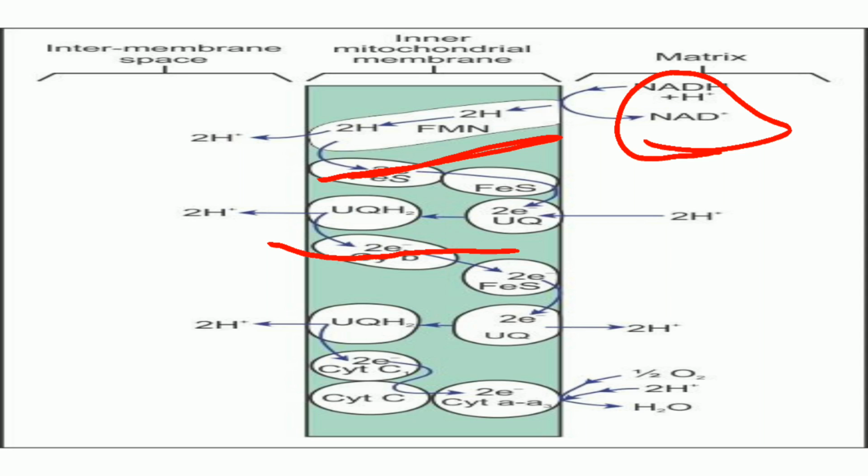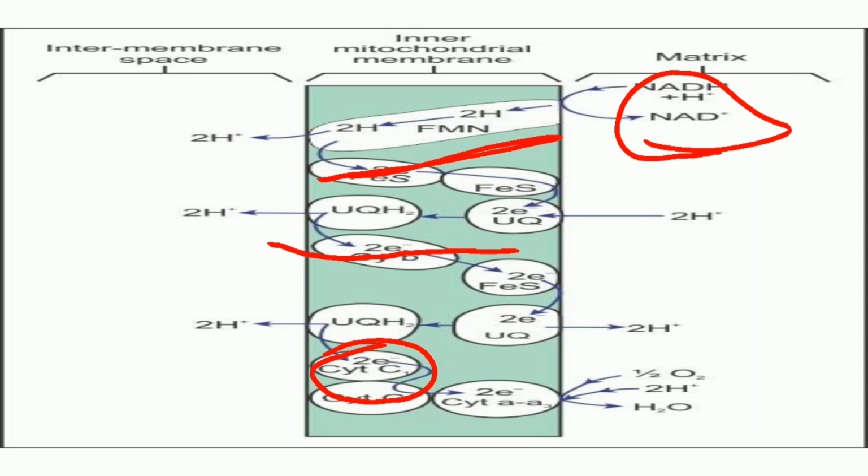Complex 4 refers to the cytochrome C oxidase. It contains cytochrome a and a3 and two copper centers.